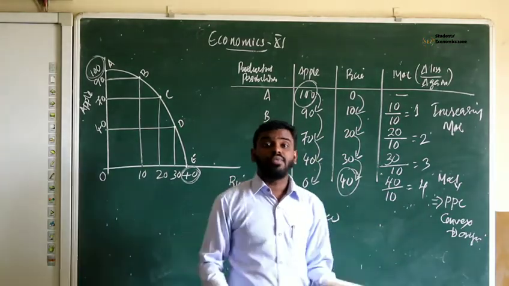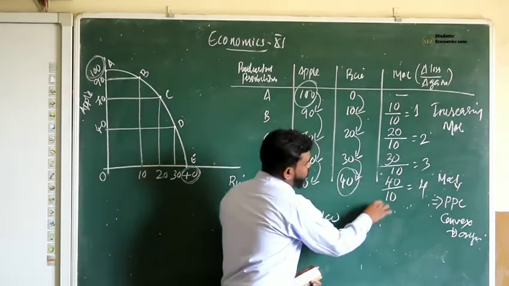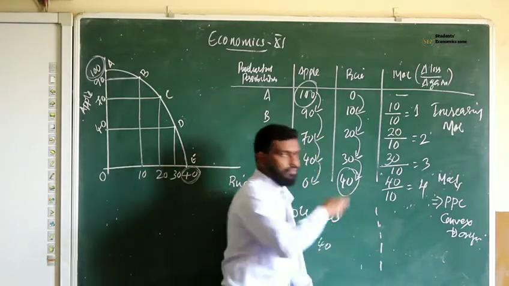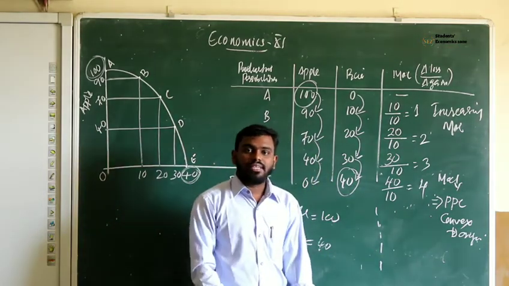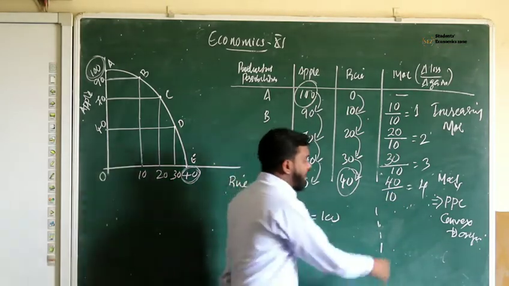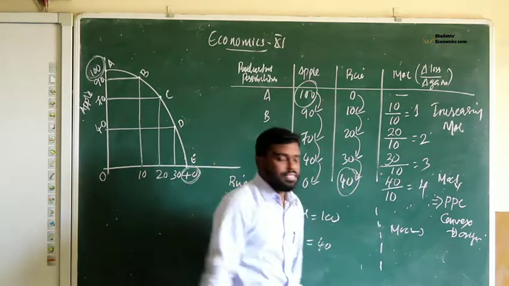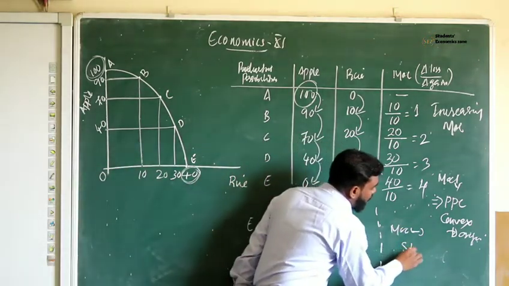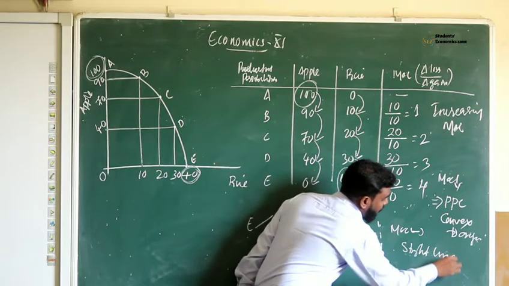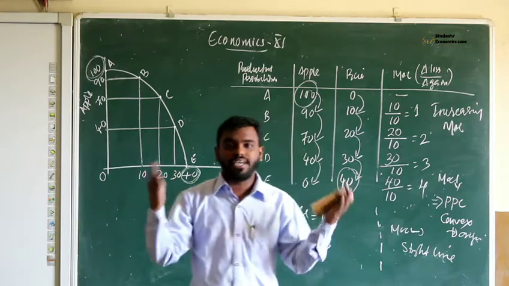At the same time, if MOC is constant, for example, MOC is 1, 1, 1, 1, 1, that means MOC is constant. If MOC is constant, then what will be the shape of PPC? PPC will be a straight line. If MOC is increasing, PPC will be concave to the origin.